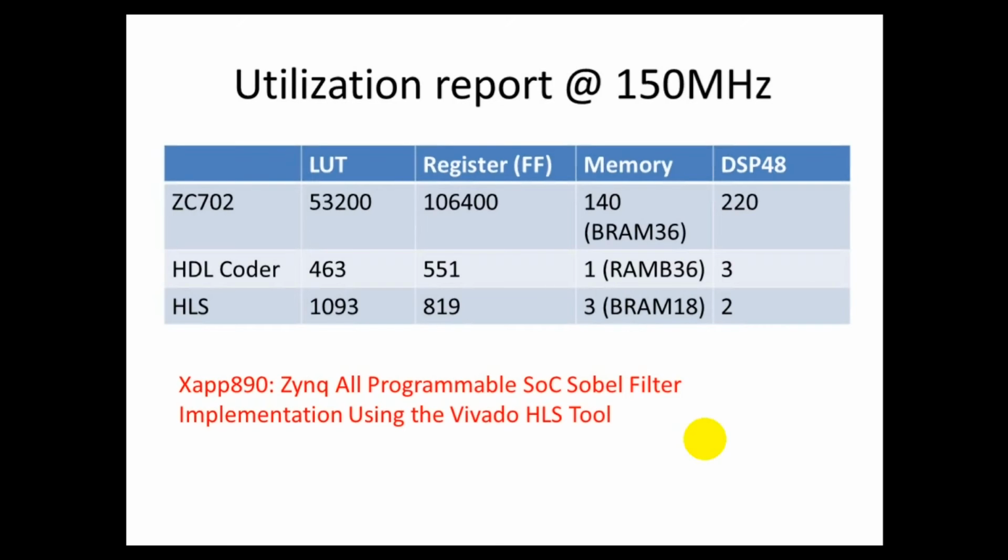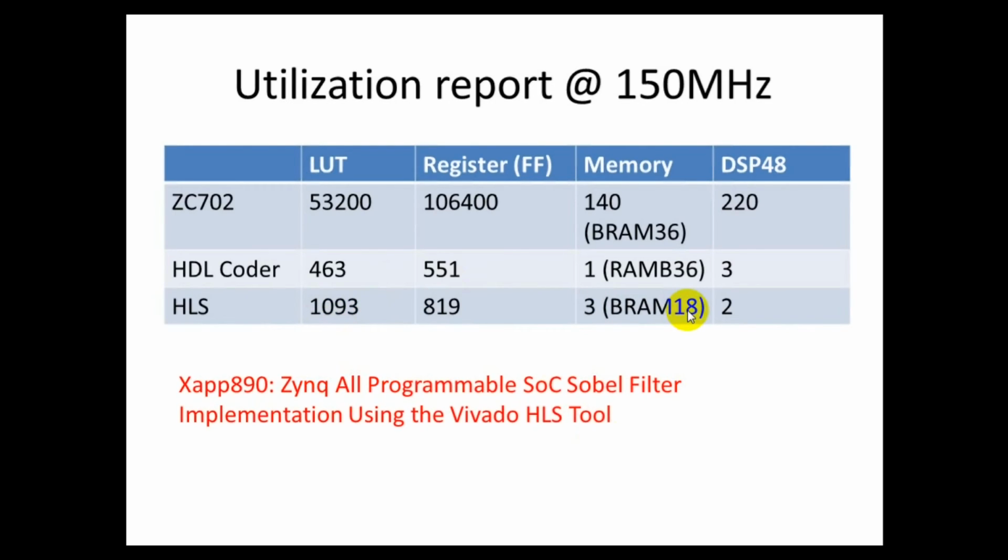So I put the utilization report here so you can have a quick comparison of these 2 tools. I have the data for high-level synthesis from the document XAPP890, and this is using the high-level synthesis tool to convert C to RTL, actually C to FPGA. So here's the result.